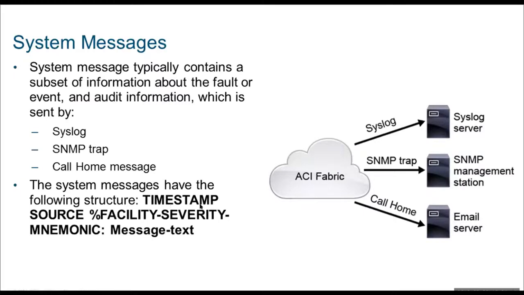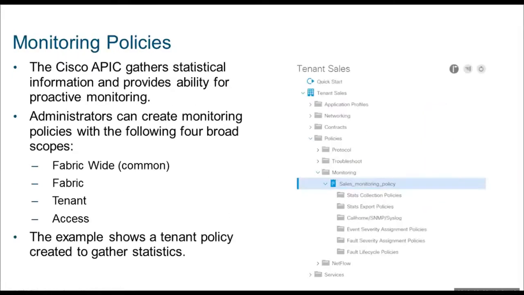They always have timestamp, the source, like whether it's the APIC or a leaf or a spine or whatever the switch might be. The facility is usually in uppercase. Okay, it could be a protocol, it could be a module, severity level, mnemonic code, a number which uniquely identifies that message, and then of course a little bit more description follows the code.